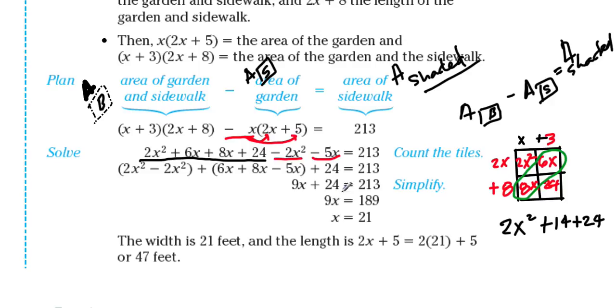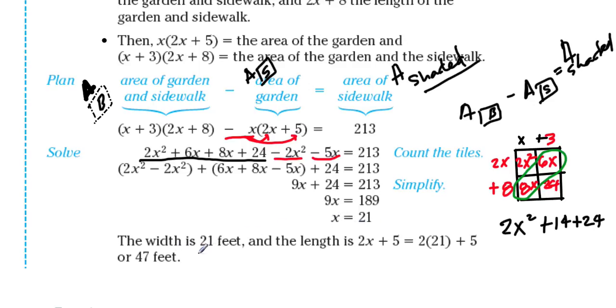We subtract 24 from both sides of our equation. So this now becomes a two-step equation. Subtract 24 from both sides, end up with 9x equals 189. And then to be able to solve for x, we simply divide both sides by 9, end up with x equals 21. The value of x is 21.